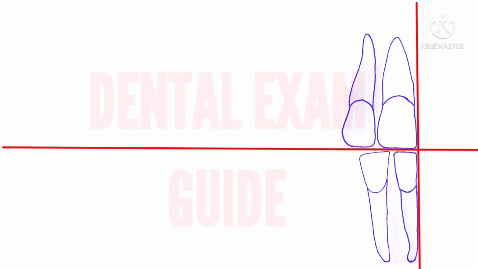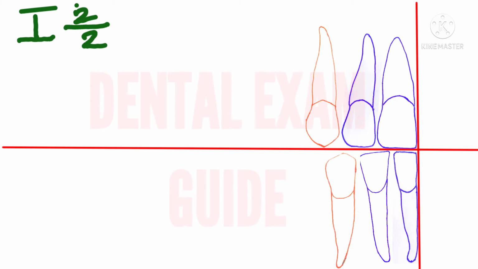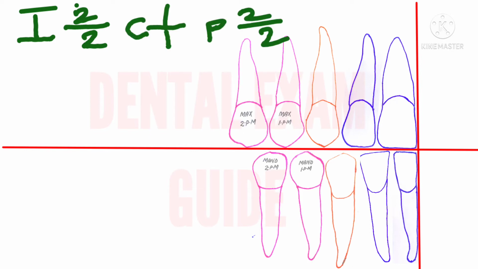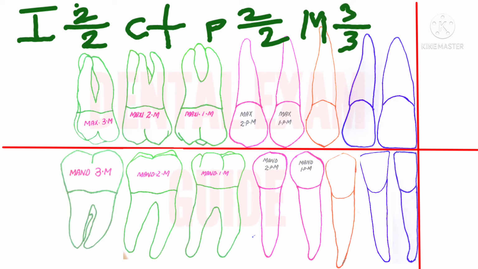So we can write I 2 by 2. Similarly, 1 canine in the upper arch and 1 in the lower arch, so C 1 by 1. 2 premolars in the upper arch and 2 in the lower arch, 3 molars in the upper arch and 3 in the lower arch. Altogether, one side of our dentition will contain 16 teeth.